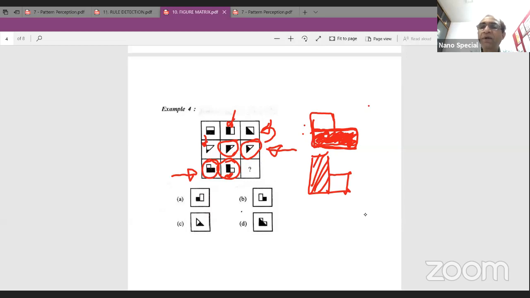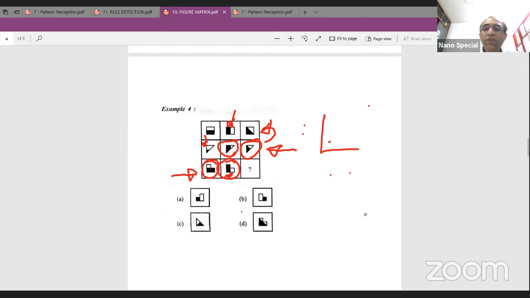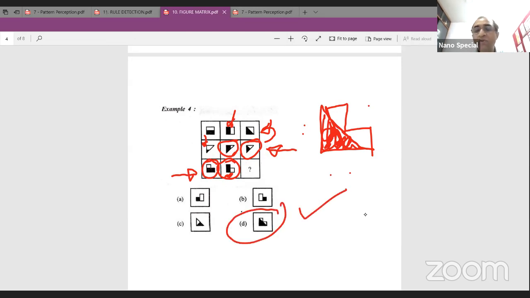Here again, we are trying to find the same logic. We are doing the same thing. We are taking this square. This is the shaded portion. And we are cutting it so that we get something like this. So that is how we have arrived at D. So the answer is D.